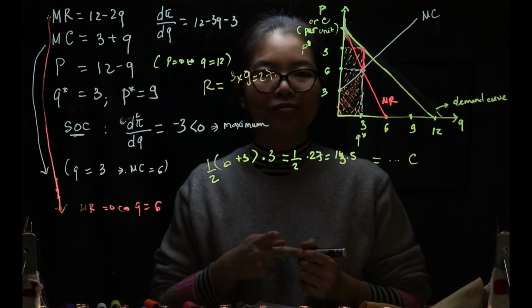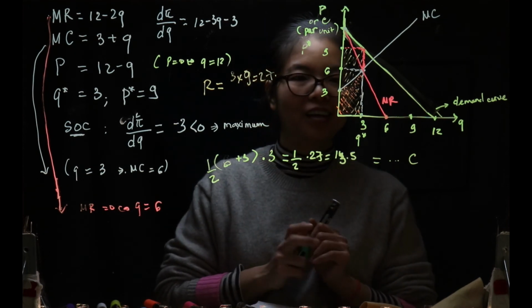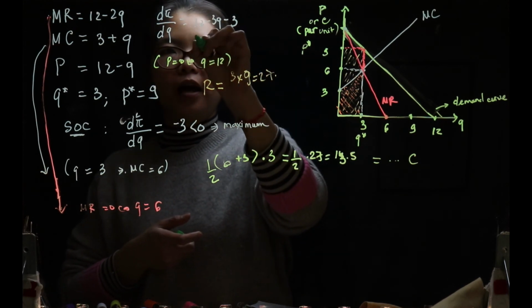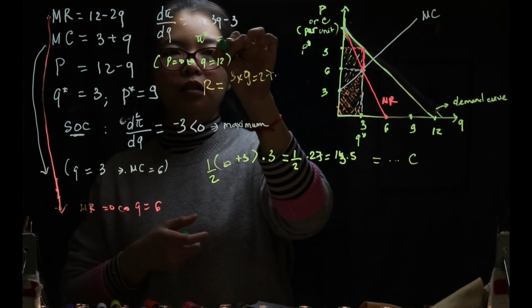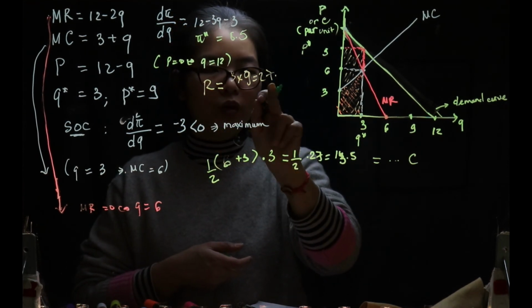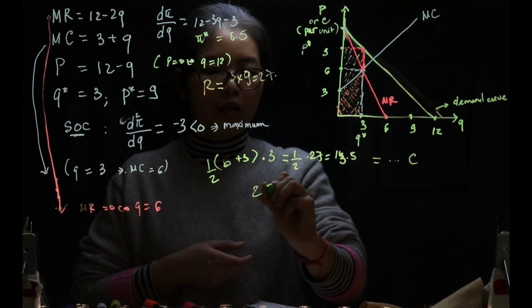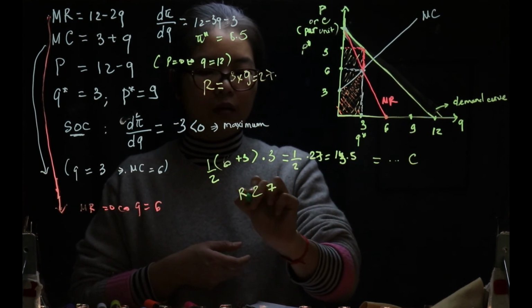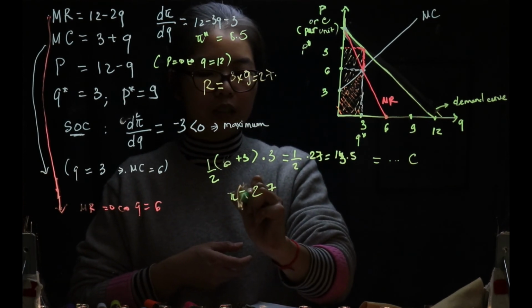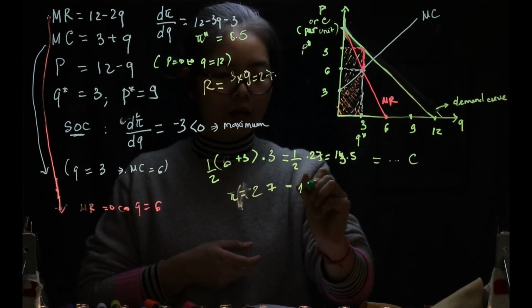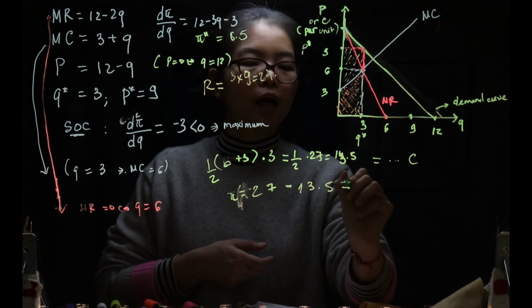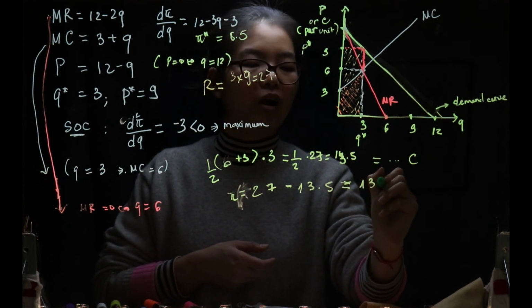However, it's not all the cost, right? Why? Because you remember before that we had calculated pi star equal to 8.5, right? Here you have the revenue, 27. So the profit should be 27 minus the cost, 13.5, which is 13.5.